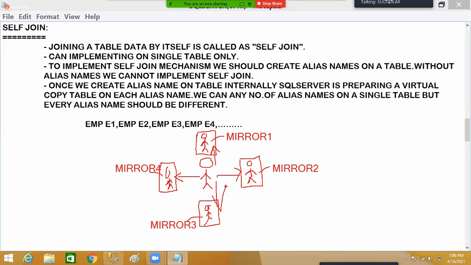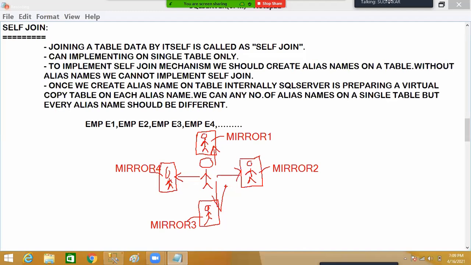However many mirrors there are around him, that many virtual images are created. But your person is only one person, and around him there are 4 mirrors, so 4 images are reflected.